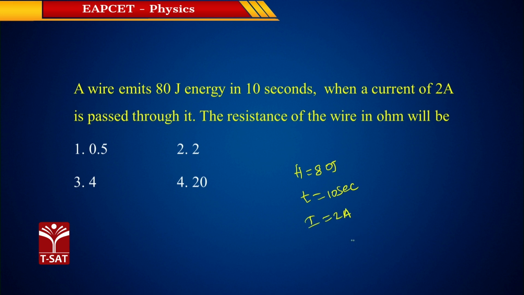Okay, here the formula: heat H is equal to P into t is equal to IVt, or another formula H is equal to I square Rt. What will you find out? The resistance value will be found out. Okay, what is the resistance formula? Calculate.